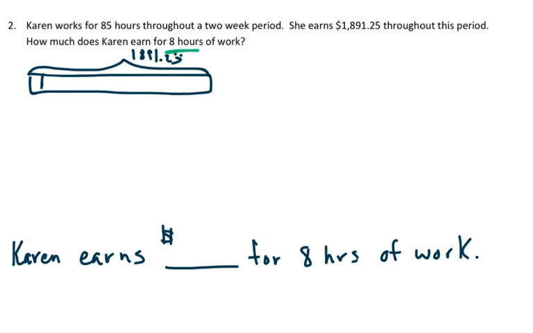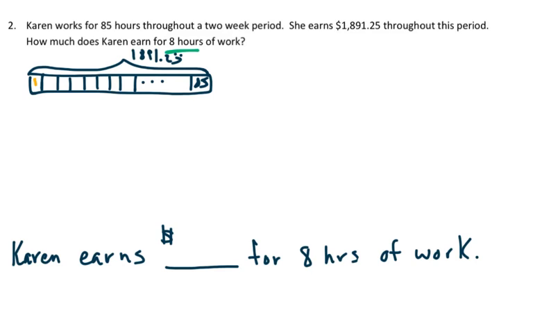And we're going to do 1, 2, 3, 4, 6, 7, 8, up to 85. Okay, so this is going to be the 85th one here. Okay, so I need to know how much it's going to be in just 1 hour.